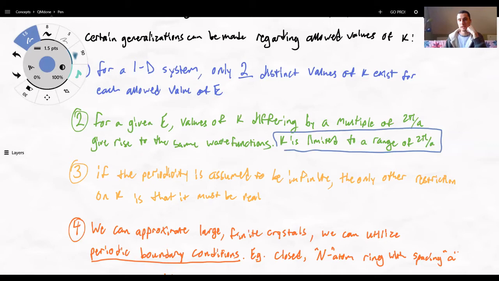Even if you have a value of k equal to 2 pi over a plus 1, just adding something to it, the value of energy is going to be something we've already seen somewhere in that range of 2 pi over a. So it's not useful to define any k's outside of that, because all the energies are going to be the same since it's a periodic system.